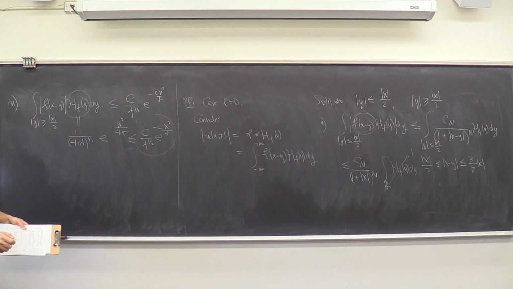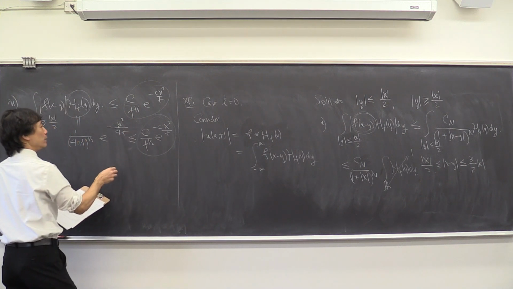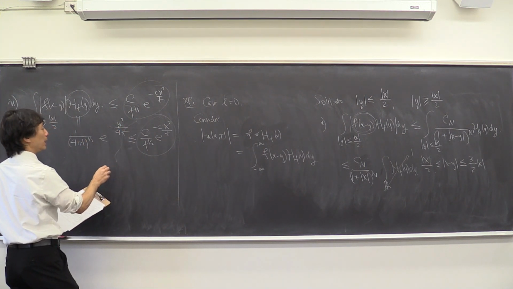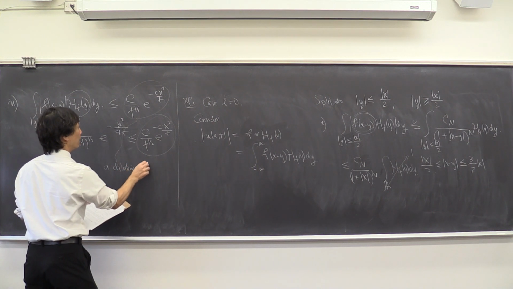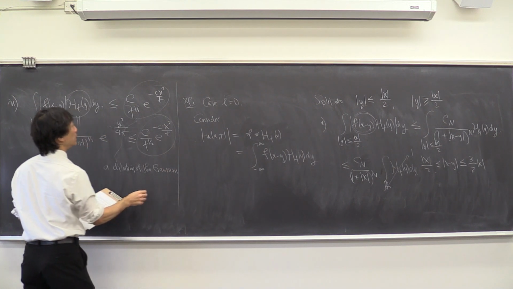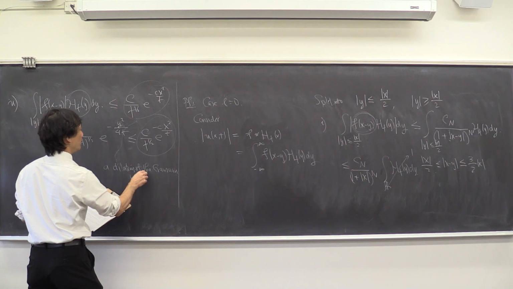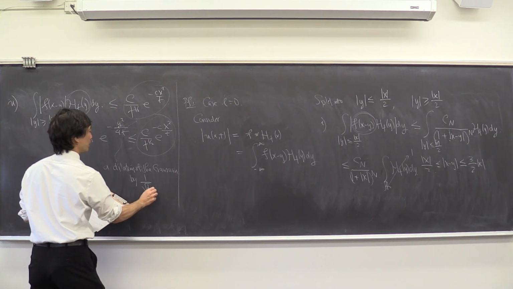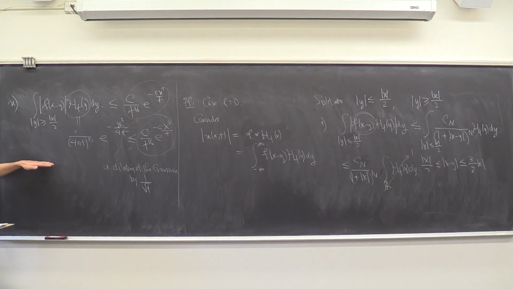Which, as you see, is basically a dilation of the Gaussian by 1 over root t.